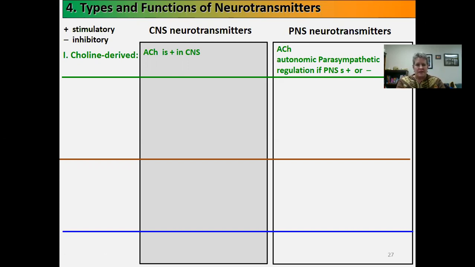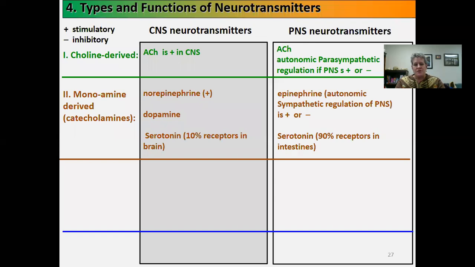The next neurotransmitters are going to be derived from monoamines. That's an amino acid. These come under the heading of catecholamines, and that will include norepinephrine, which in your brain and spinal cord is always stimulating, and dopamine, which can stimulate or inhibit, but I'm not going to get into that detail. I'm also not going to get into whether serotonin is purely stimulatory or inhibitory.